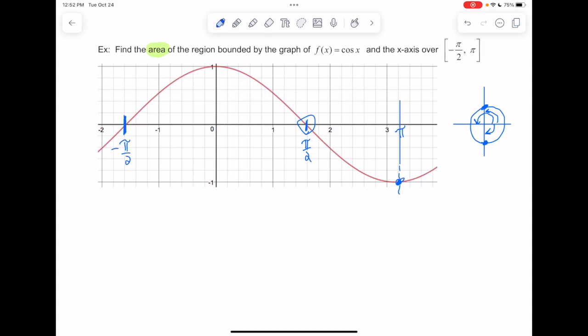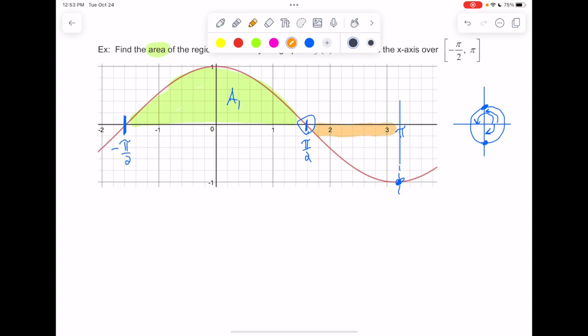All right, so same idea as before. We've got two areas to find. We'll make this one area 1. This is kind of a straightforward one that's going to come out positive already because it's above the x-axis. But we'll call that portion area 1. And then we have this other portion, which I'll go ahead and do in orange.